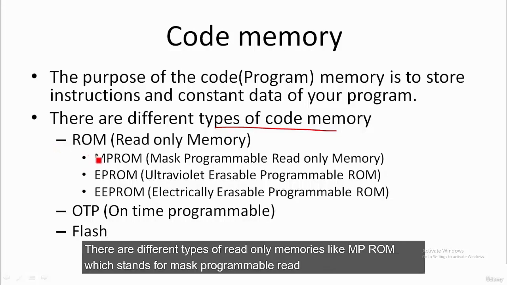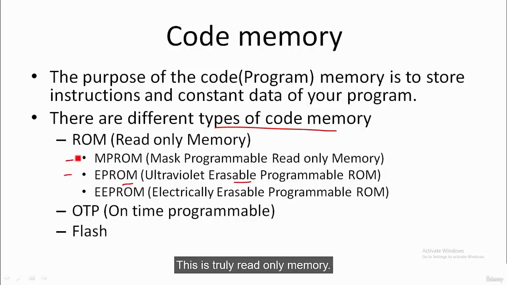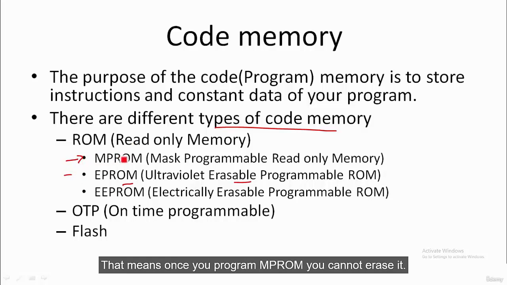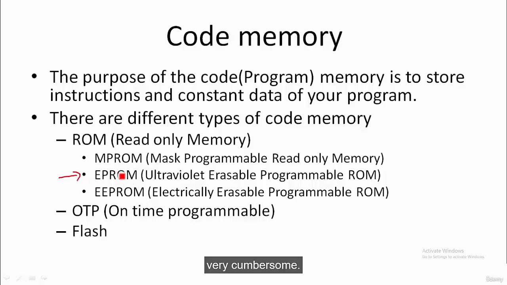There are different types of read-only memories like MPROM, which stands for Mask Programmable Read-Only Memory, and EPROM, which stands for Erasable Programmable ROM. MPROM is truly read-only memory. That means once you program it, you cannot erase it. Once you program it, it is final. But EPROM is erasable, though the erasing procedure is very cumbersome.